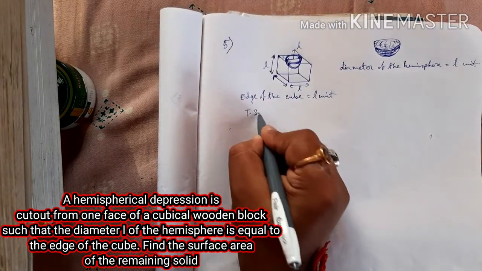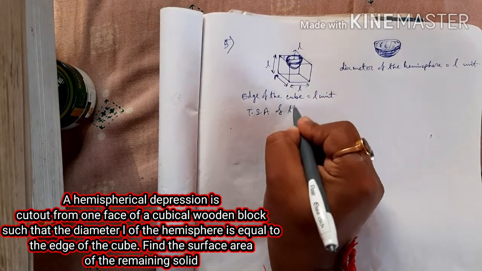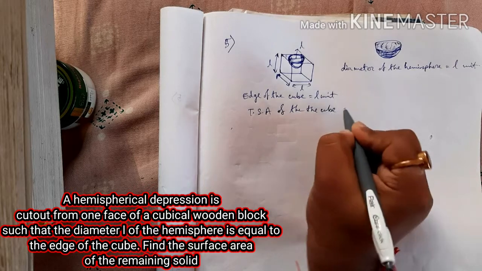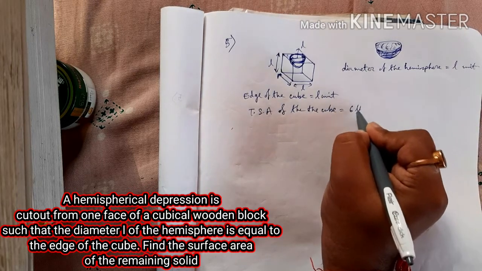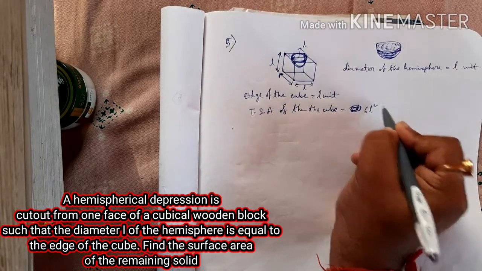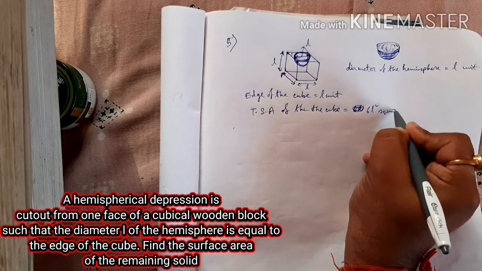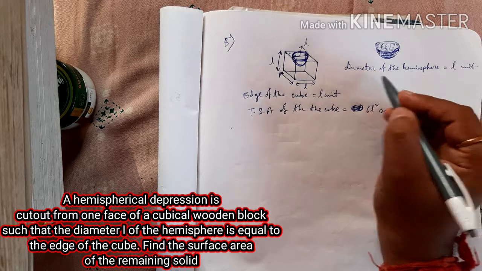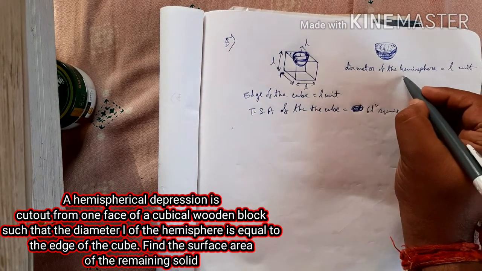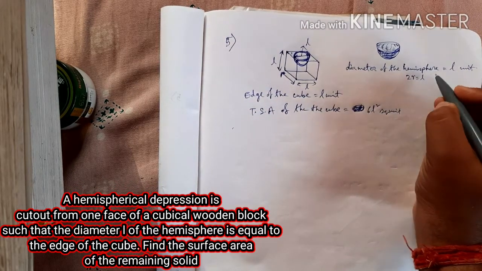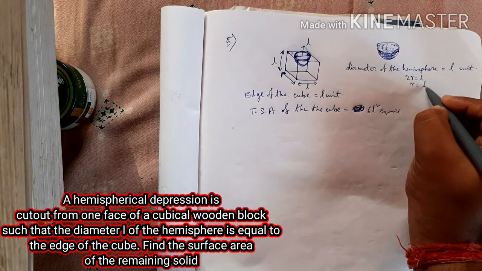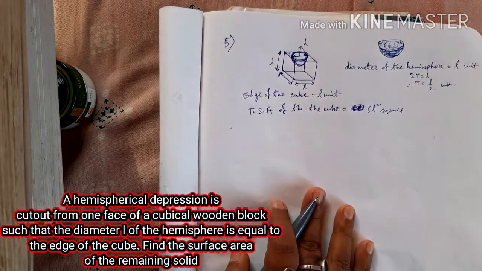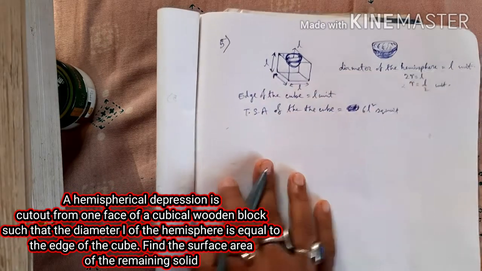So the total surface area of the cube is 6L square unit. And since it is the diameter, if radius is r, then 2r equals L unit and r equals L by 2 units, right? R is the radius of the hemisphere.